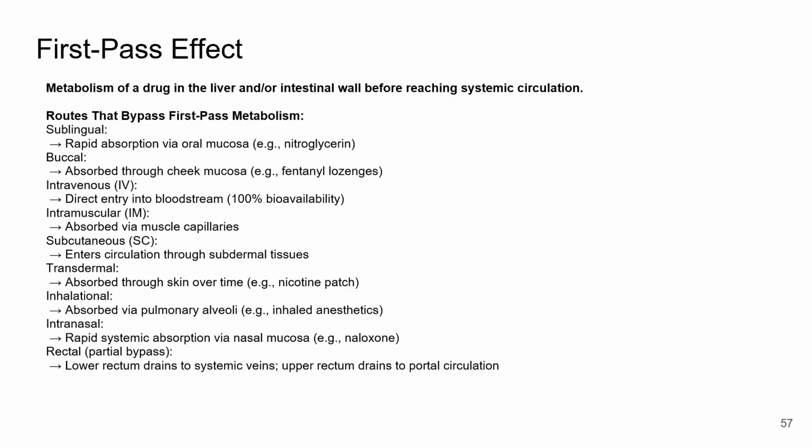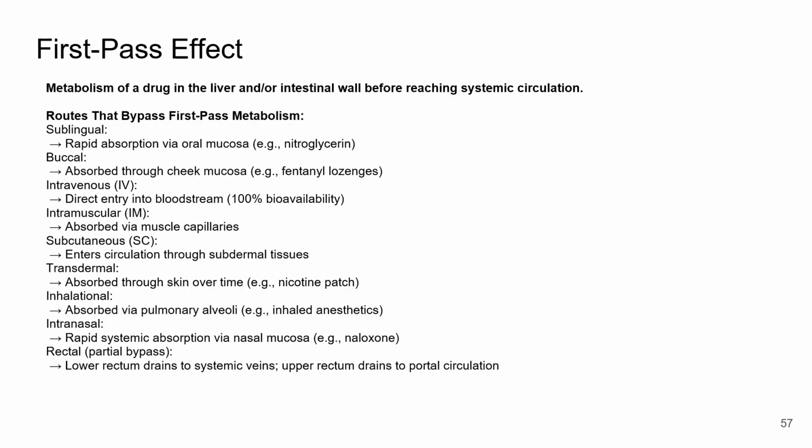So what this slide is emphasizing is that many routes bypass first pass metabolism either entirely or partially. Routes like sublingual, buccal, IV, IM, sub-Q, transdermal, inhalation, intranasal, and even rectal, depending on the location, can deliver the drug directly to the systemic circulation without going through the liver first.